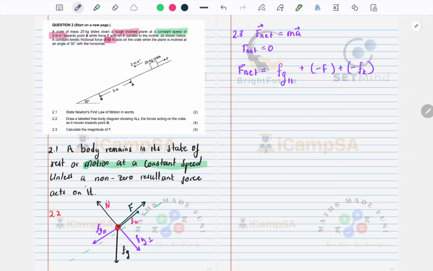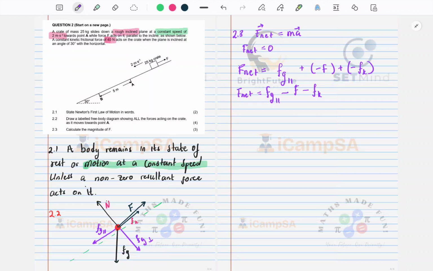Which we can solve and just say equals Fg parallel minus F minus Fk. Then you can get what we are looking for. We are making it easy.